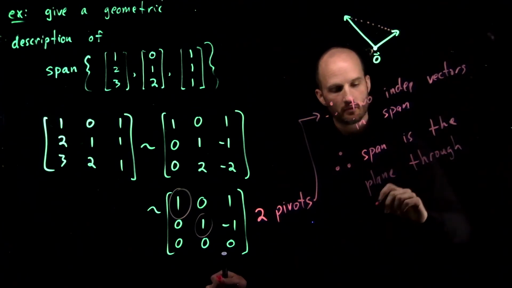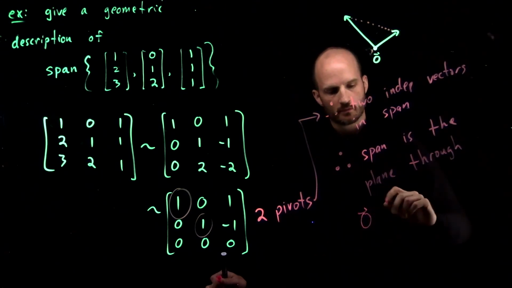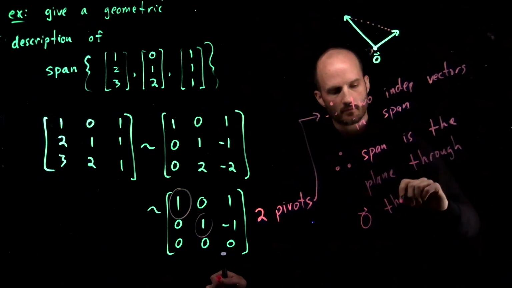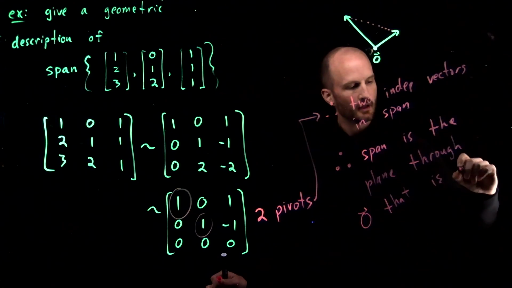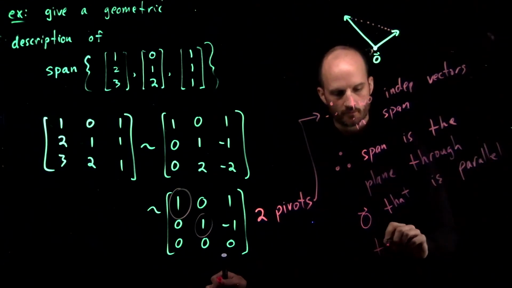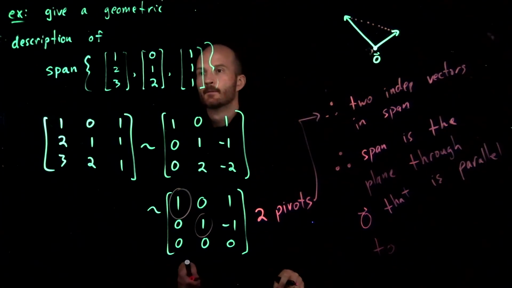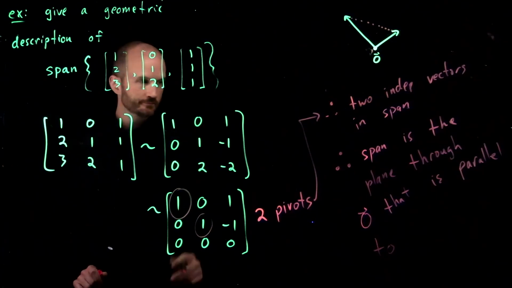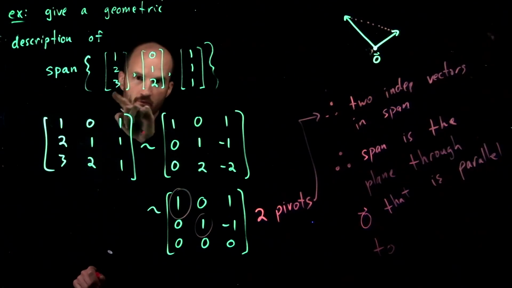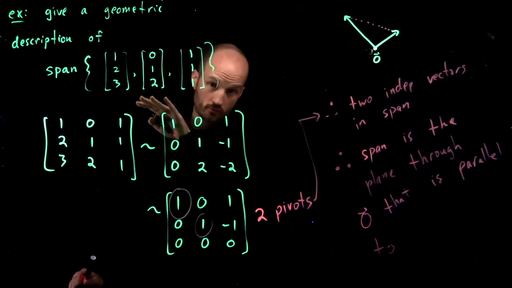The plane through the origin that is parallel to, I can choose any two of these three vectors.